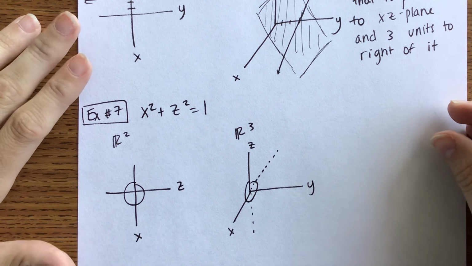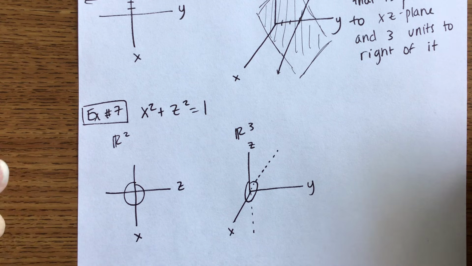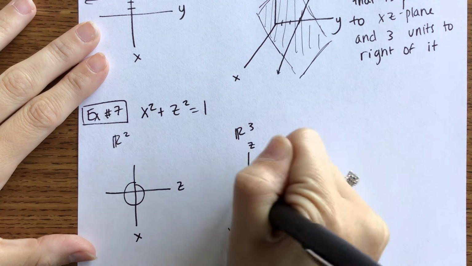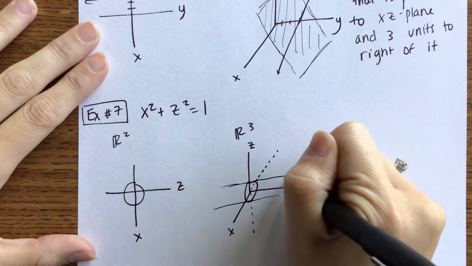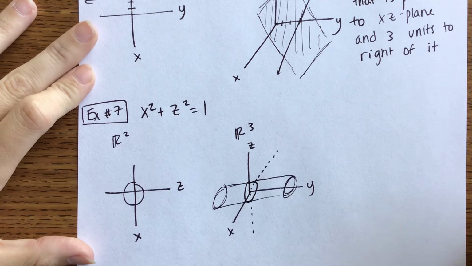What happens now when we introduce y? What does this become? A cylinder. Yeah, so this circle is going to continue down the y-axis in both directions forever, so it's cylindrical in shape, although it's not going to end.